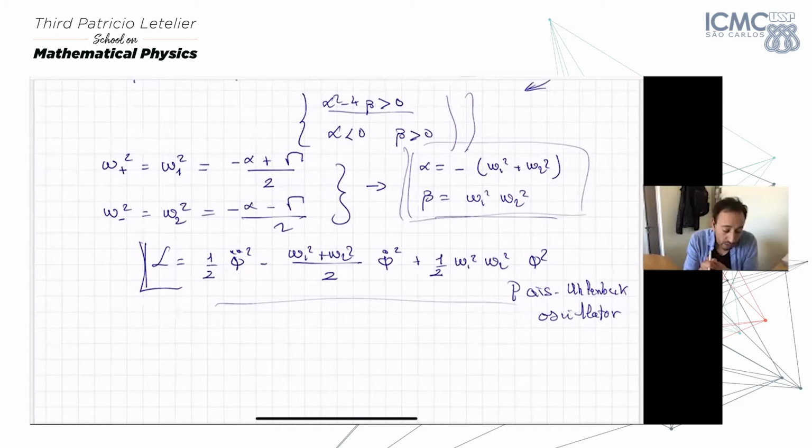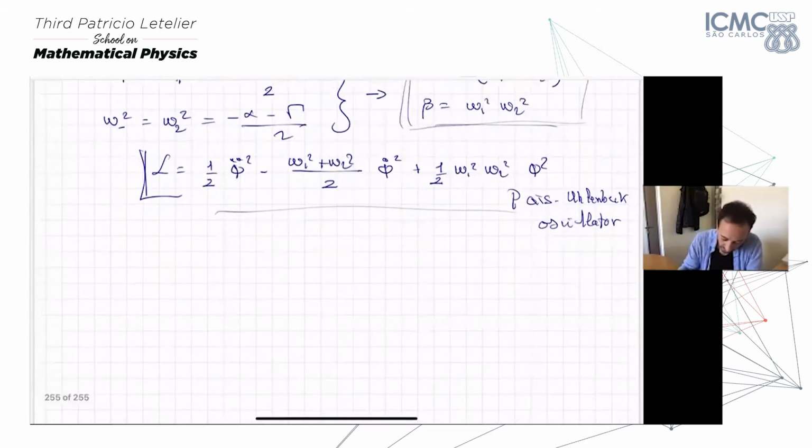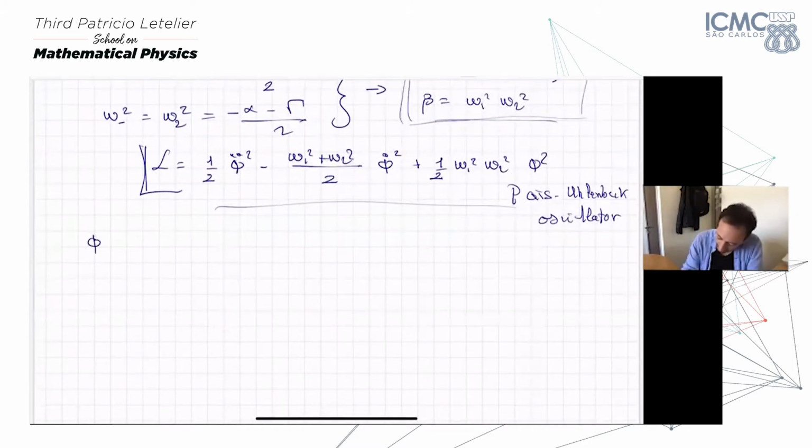And here we see that we have a solution which is stable. What is the solution? It is phi of t. This Lagrangian we can solve. Even if the equation of motion is fourth order, it is a linear equation.